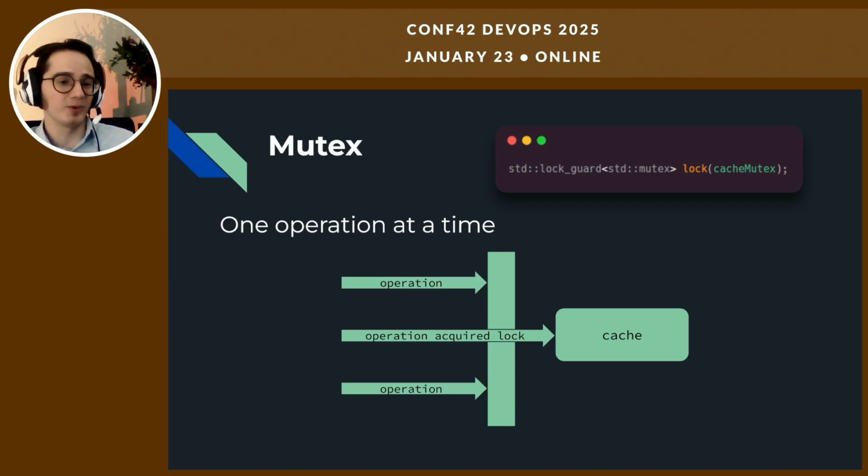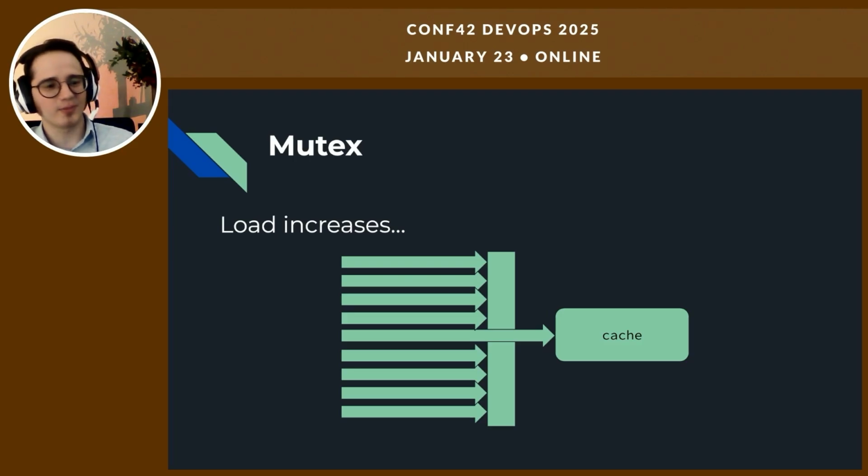But if load increases, the operations will have to spend more and more time waiting on the locked mutex, and more and more threads in your pool will do nothing but wait for the lock. So consequently, transactions in your system are being processed with significant delay. That's not right, and we have to do something.